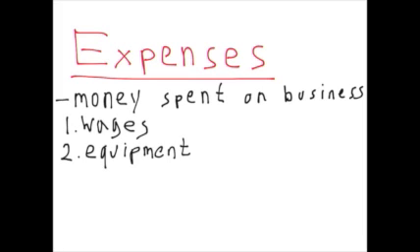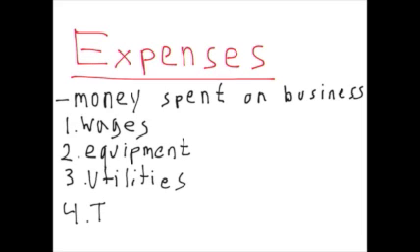Expenses also include utilities. This is money spent on water or electricity to run the business. Expenses also include transport. Transport is money spent to transport the goods to the market to be sold.